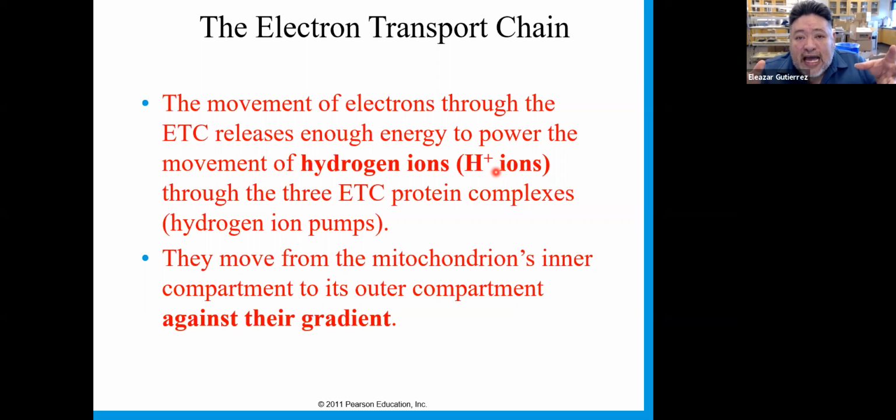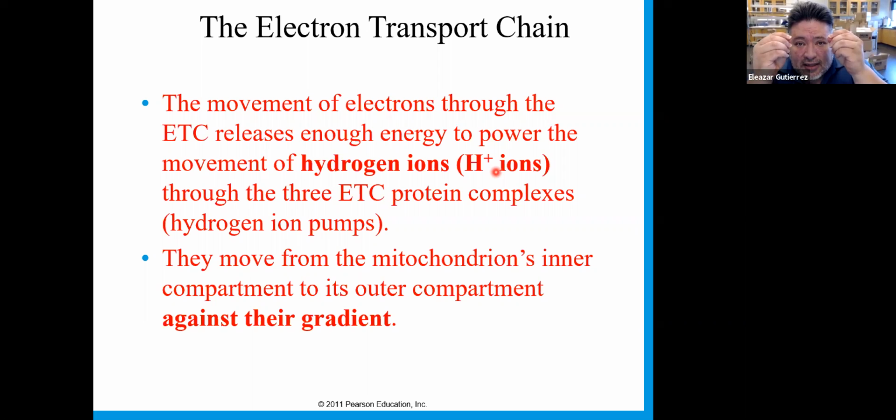To move a solute from an area of low concentration to an area of high concentration, that's typically enough problem on its own, okay? This is not any ordinary solute. These are protons, which are subatomic particles that have a net positive charge. Do you think that protons that have a net positive charge want to be next to each other? The short answer is heck no, right?